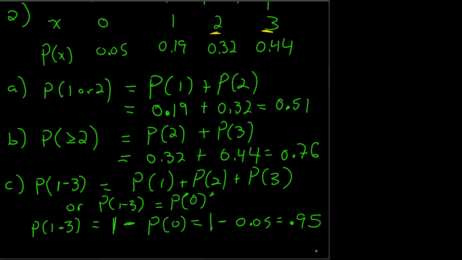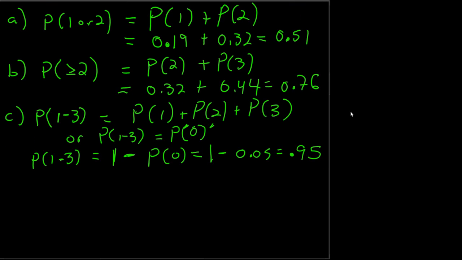And then the last question in this section says, find the probability of randomly selecting a household that has at the most 2 televisions. And so at the most is 0, 1, or 2. It's everything but 3. And so we use the same idea here for at most 2.